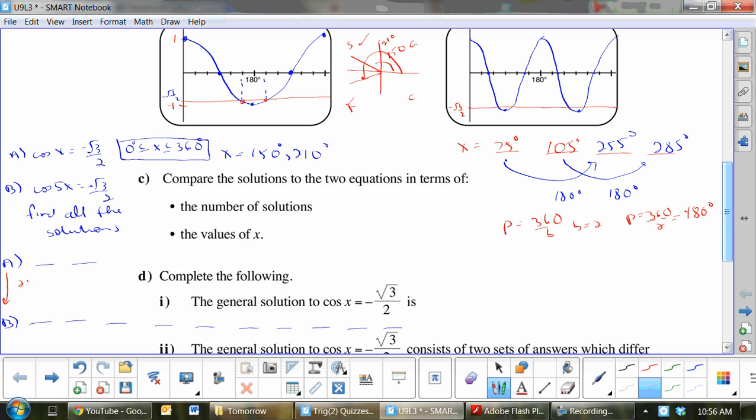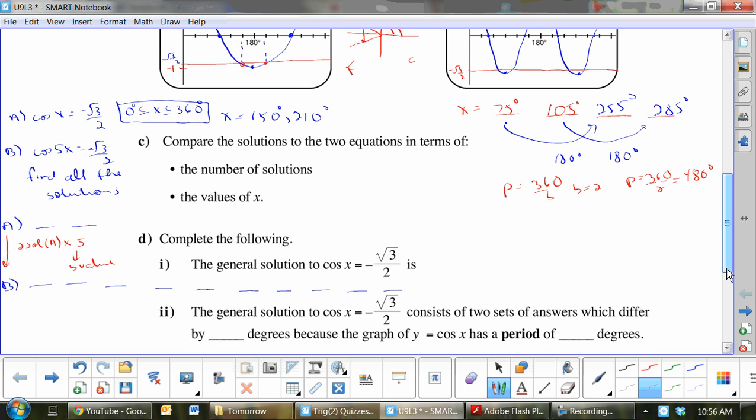So we took two solutions from A and we multiplied by 5, which is what? The b value, right? So you really can take the number of solutions from A and multiply by b.